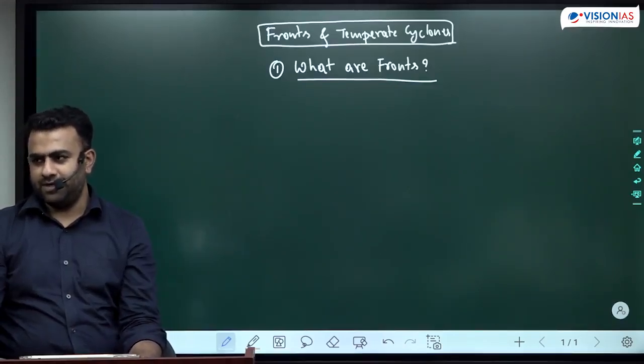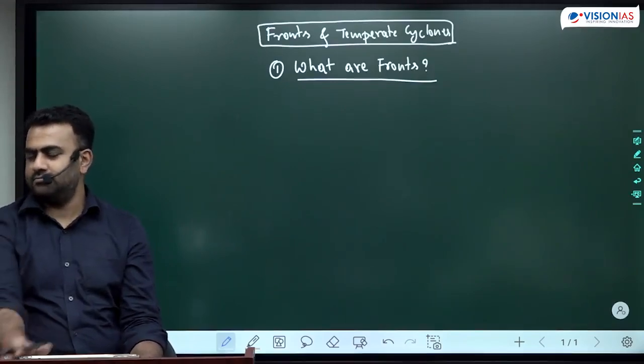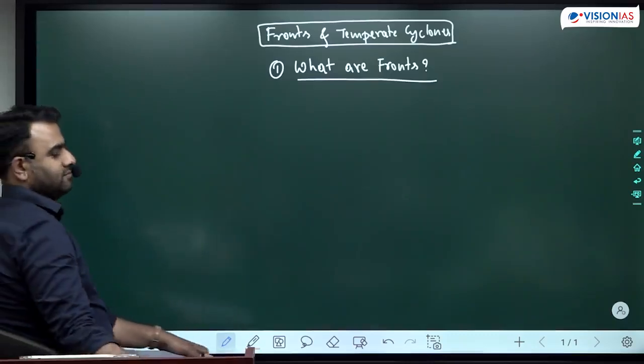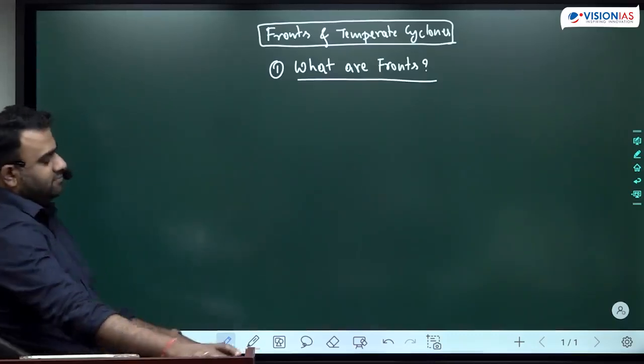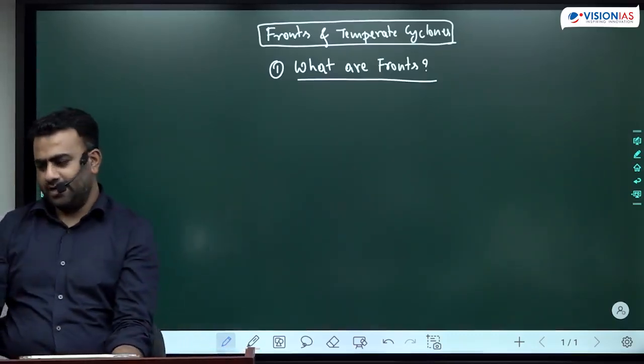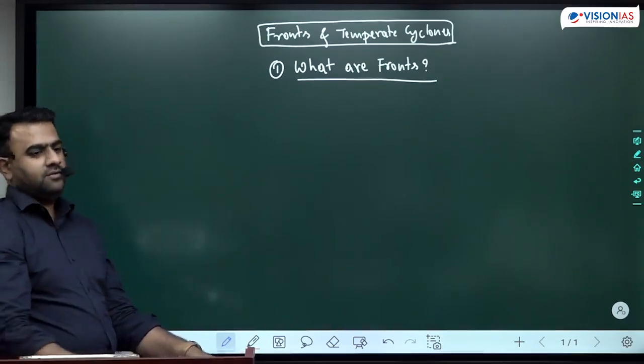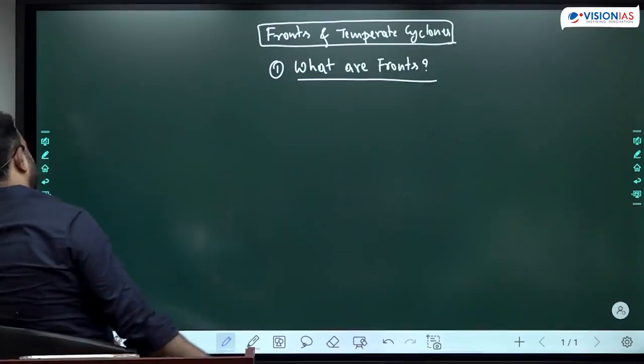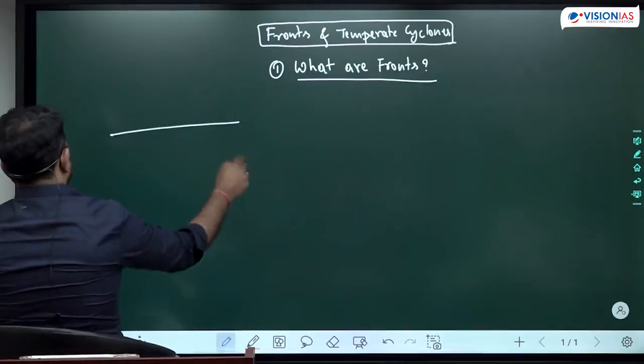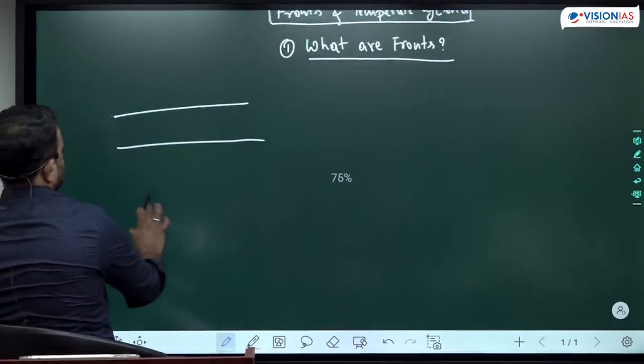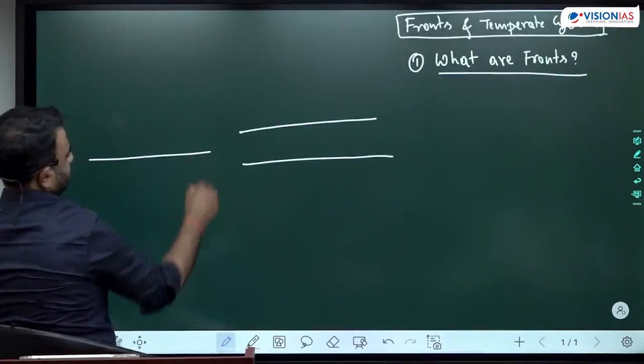What do you mean by front here? No, we don't find front everywhere. Front is a transition zone, whereas border is just a line.